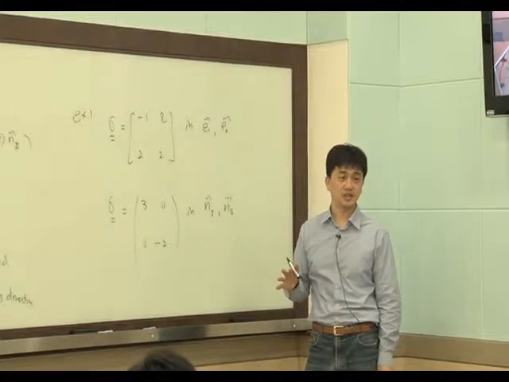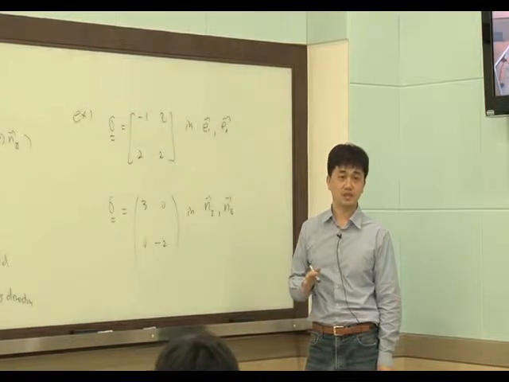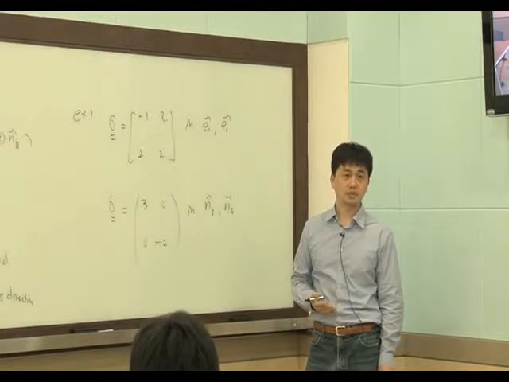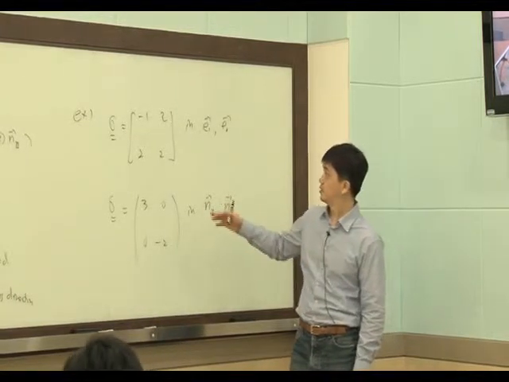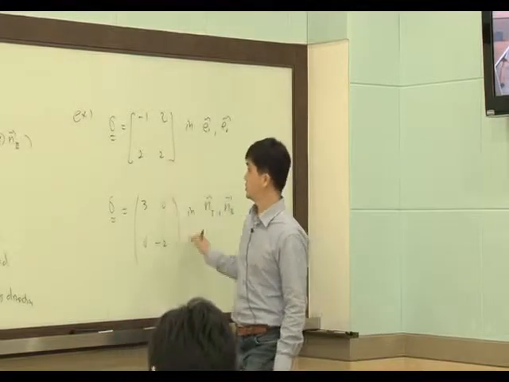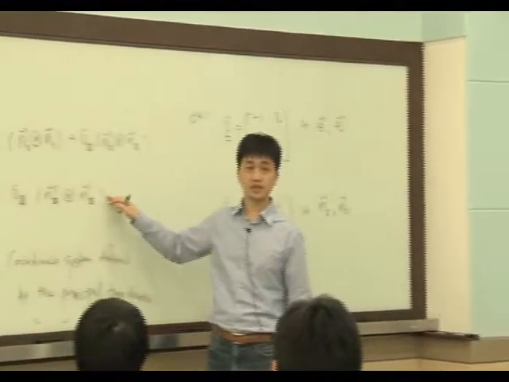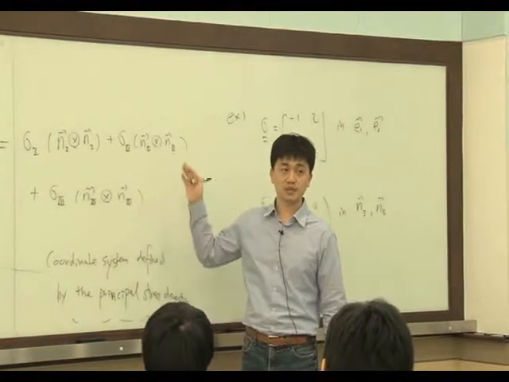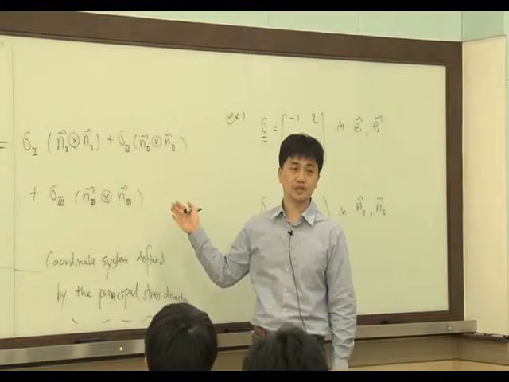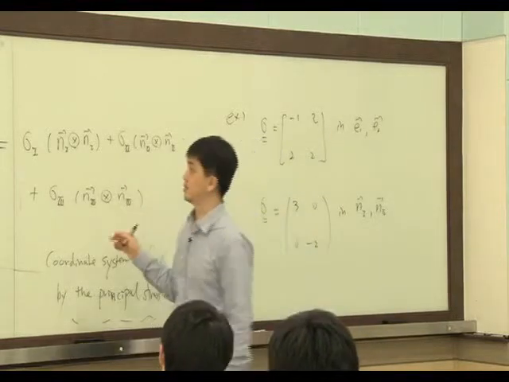Nothing changes. The physical quantity doesn't change, even if we change the component and base vector. So if you put this into this equation, you can have exactly the same matrix on the left-hand side and right-hand side. Okay?